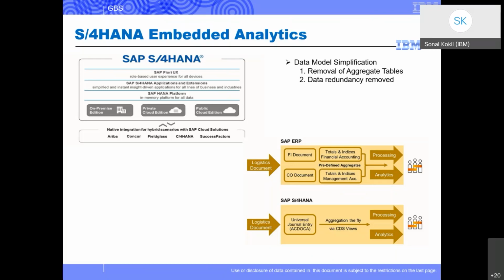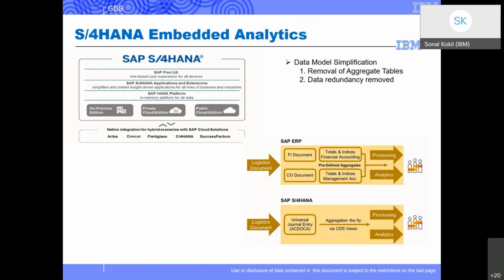Now what SAP has done, rather than storing all this information in a separate table, is store it in the same ACDOCA. But how would you access it? How would you know? This is a functional job, but I'm telling you from an overview point of view, because these are the very basics of S4 you should know.